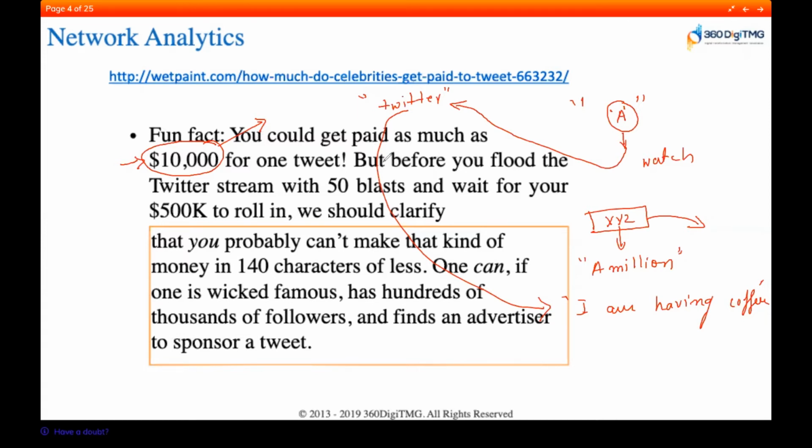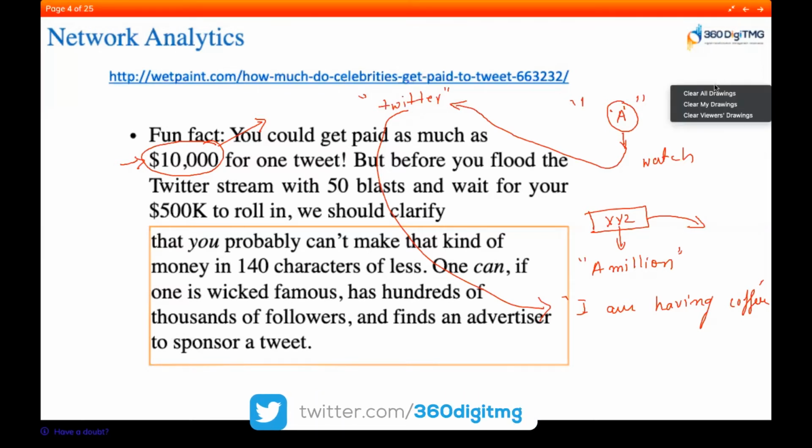So what we do here is, in fact, if the popularity of the celebrity is extremely high, they will receive at least 15,000 to $20,000 per tweet. This is the most important concept that we need to learn as a part of network analysis.